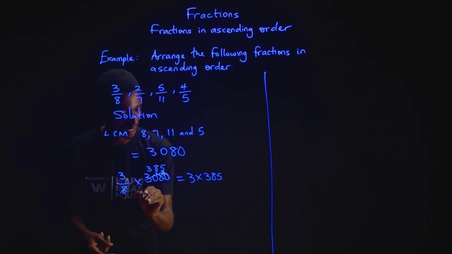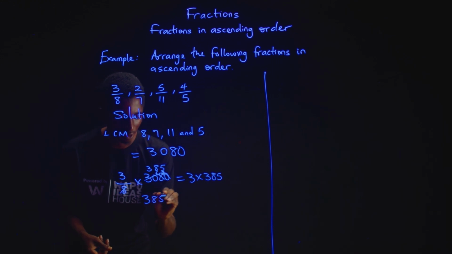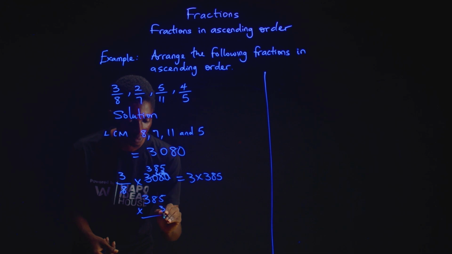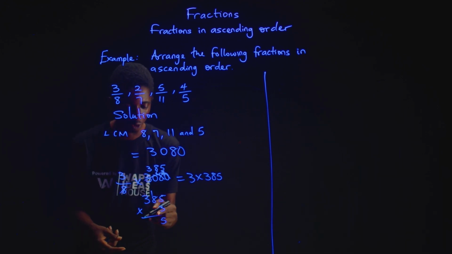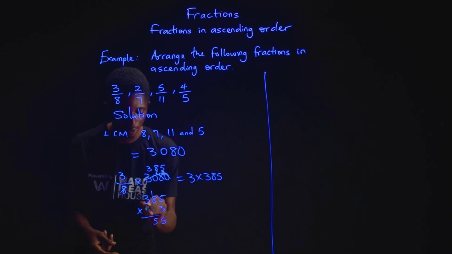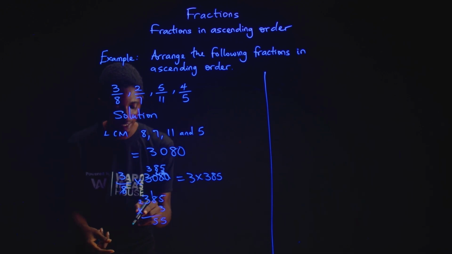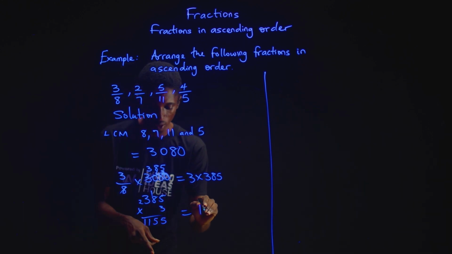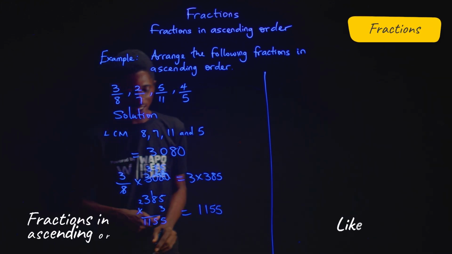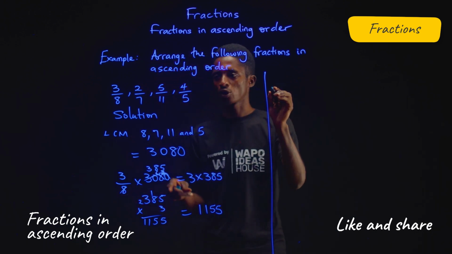Now let's apply that. 385 multiplied by 3. 3 times 5, 15. Carry the 1. 3 times 8, 24 plus 1, that's 25. 3 times 3, 9 plus 2, that's 11. So therefore we have 1155.